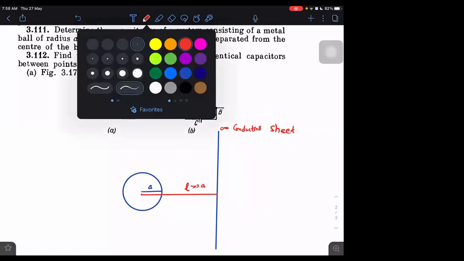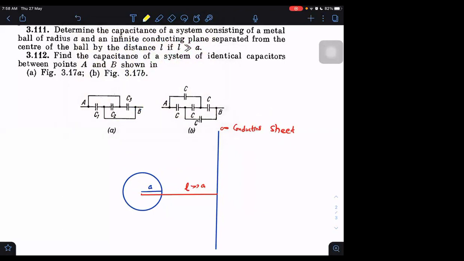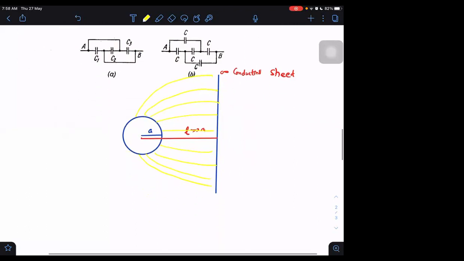It tells us that while taking the field lines from A to the conducting sheet, we can assume that this sphere is acting just like a point charge. Much induction is not there on this, so charges are uniformly distributed on this sphere.